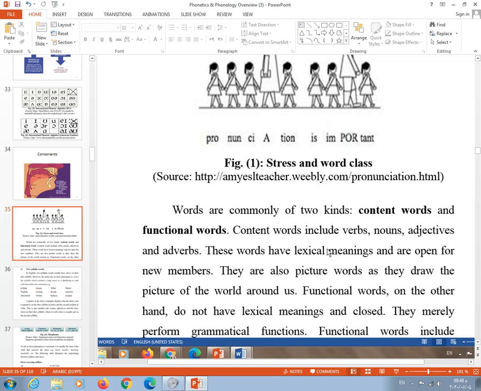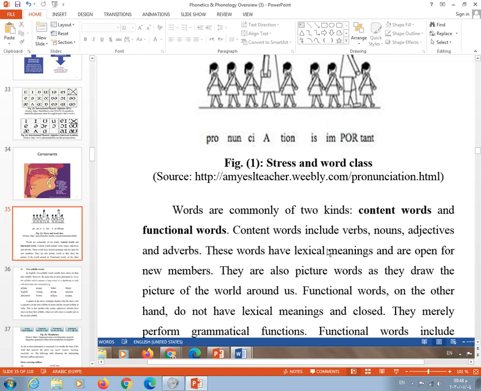To the listener, stress has to do with identifying or receiving sounds or syllables which are stronger, louder, and longer than the rest of the surrounding syllables. So for listeners, these are the elements which help identify these cues of stress.